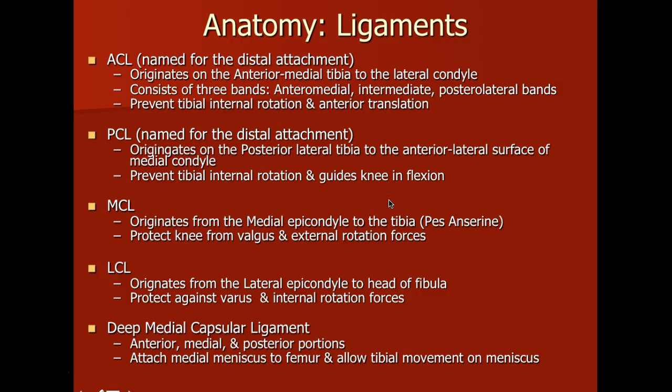Okay, in this slide, we're talking about the ligaments that are within the knee joint: the ACL, PCL, MCL, LCL. Like it says in the bullet points here, they're named by their distal attachment, specifically the ACL and the PCL, the anterior cruciate ligament and the posterior cruciate ligament. We'll see in this next slide.